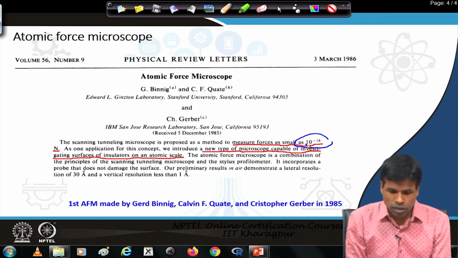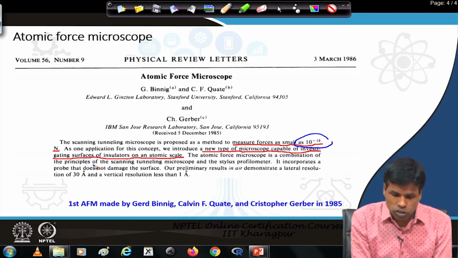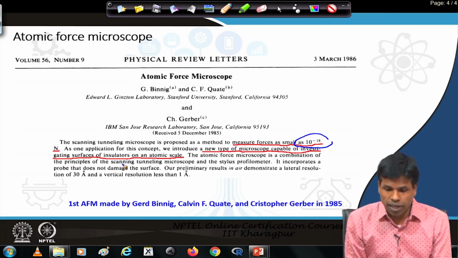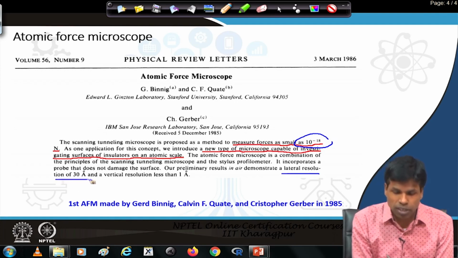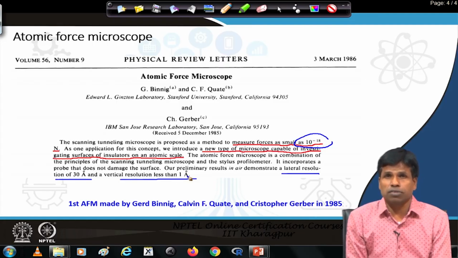With this microscope they could study the surface of an insulator on an atomic scale, and the first microscope could achieve a lateral resolution of approximately 3 nanometers and a vertical resolution of less than 1 angstrom.